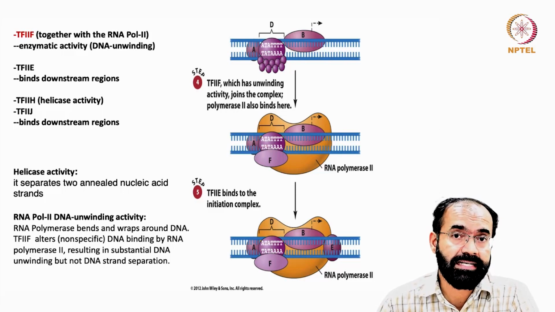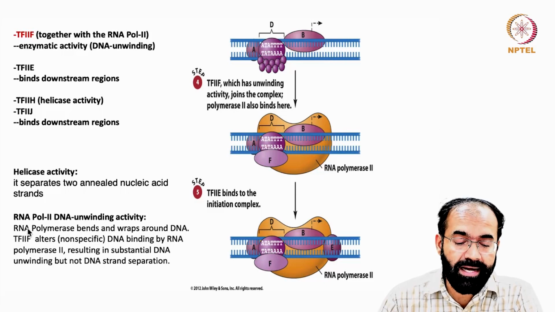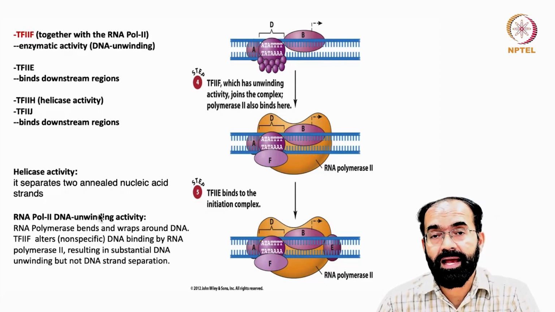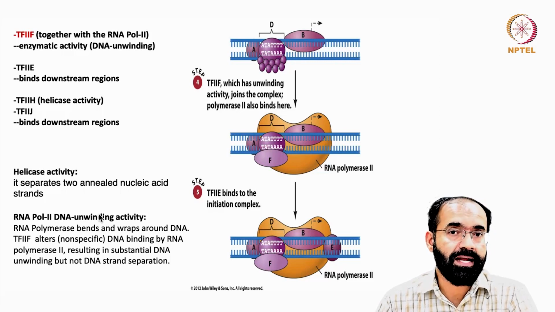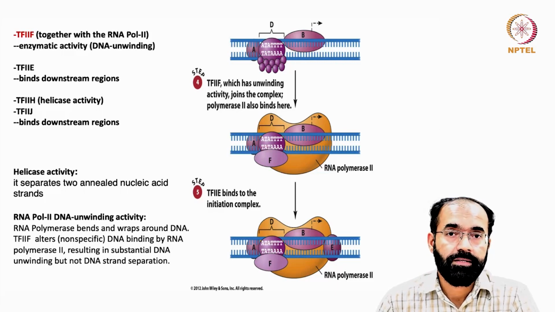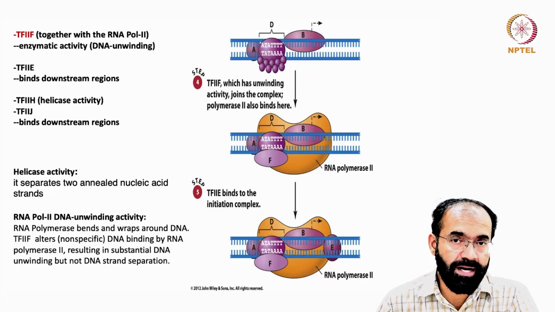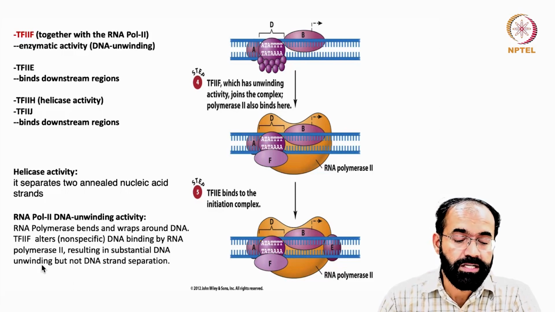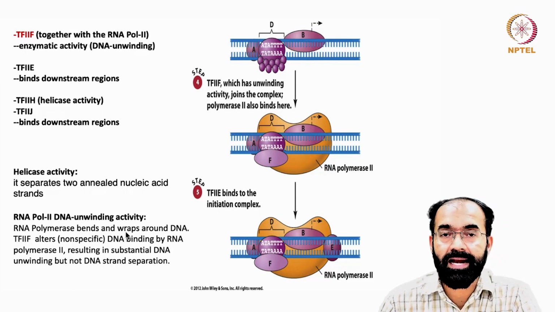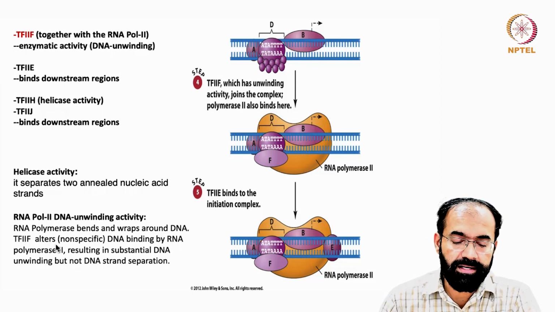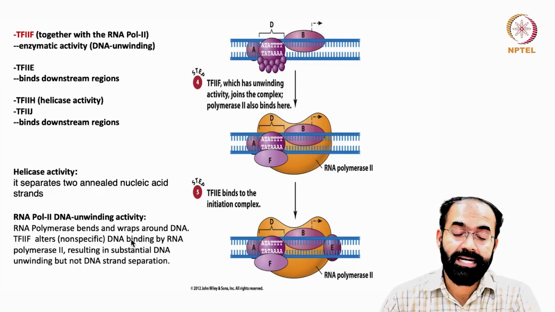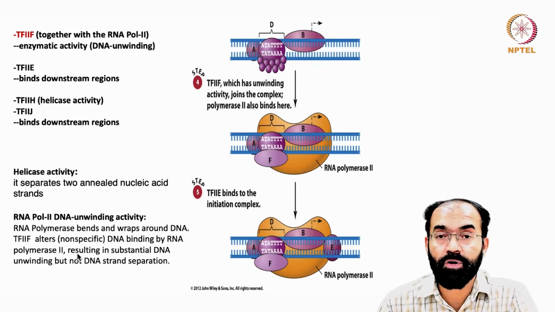RNA copy from a DNA template. So RNA polymerase 2 has to have the unwinding activity, and then upstream of that it has to continue with the rewinding of the opened up DNA double helix. So RNA polymerase bends and wraps the DNA, and TF2F alters the non-specific DNA binding by RNA polymerase 2.